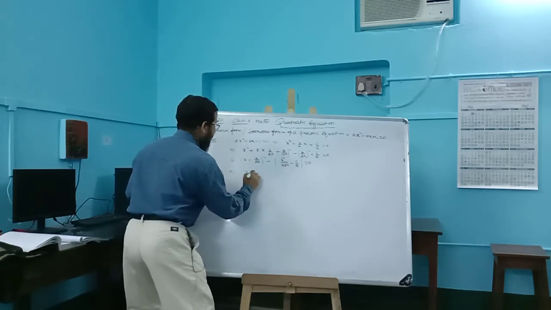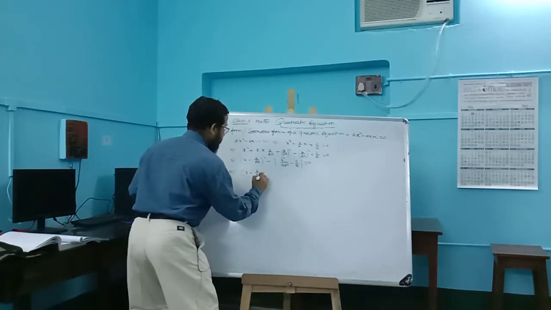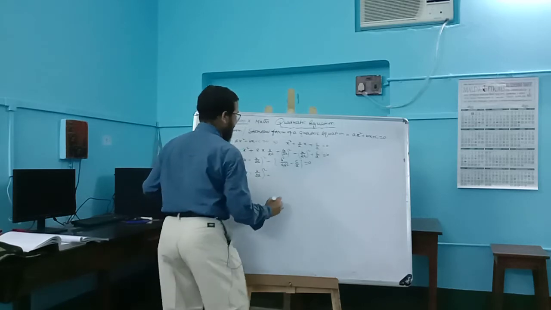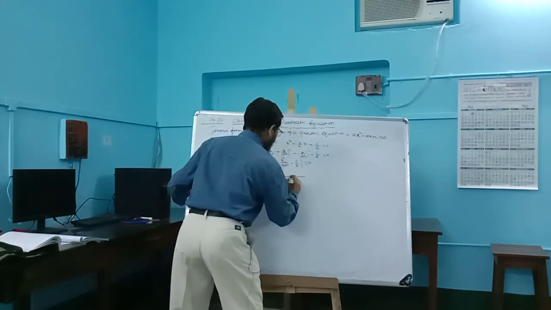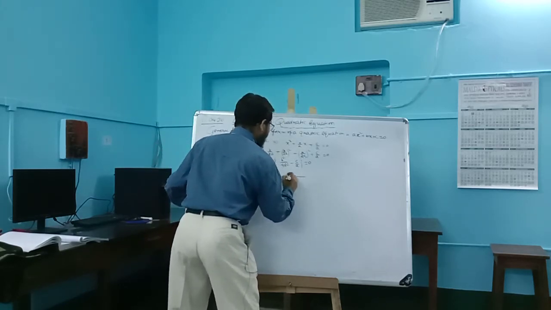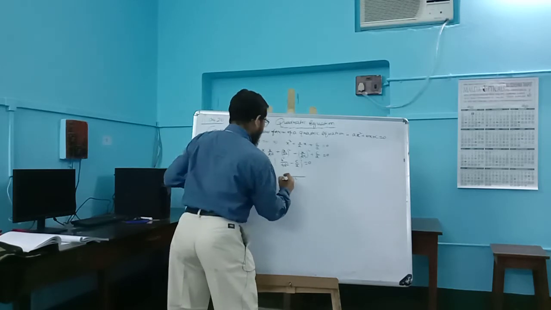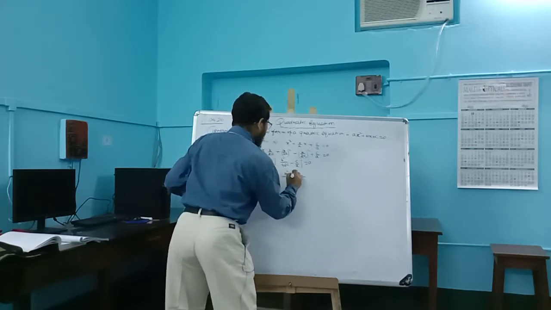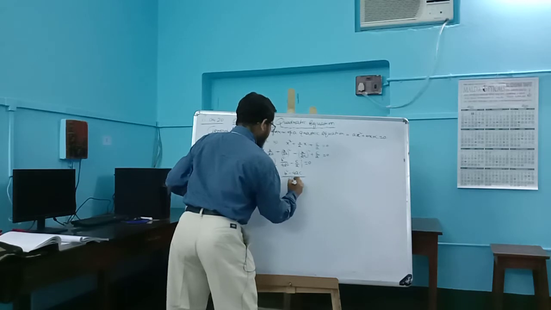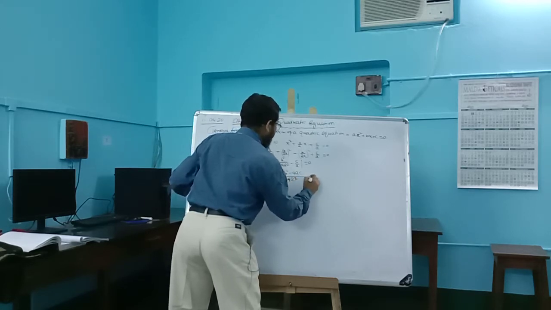Implies x plus b by 2a whole square minus b square minus 4ac by 4a square equal to 0.